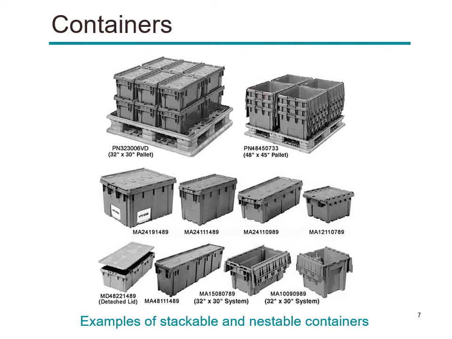So three containers are nested into each other, and you see the sizes of the containers are in such a way that 1, 2, 3, and 4 containers can fit on a single pallet. And you see the dimensions of the pallets can be different as well.